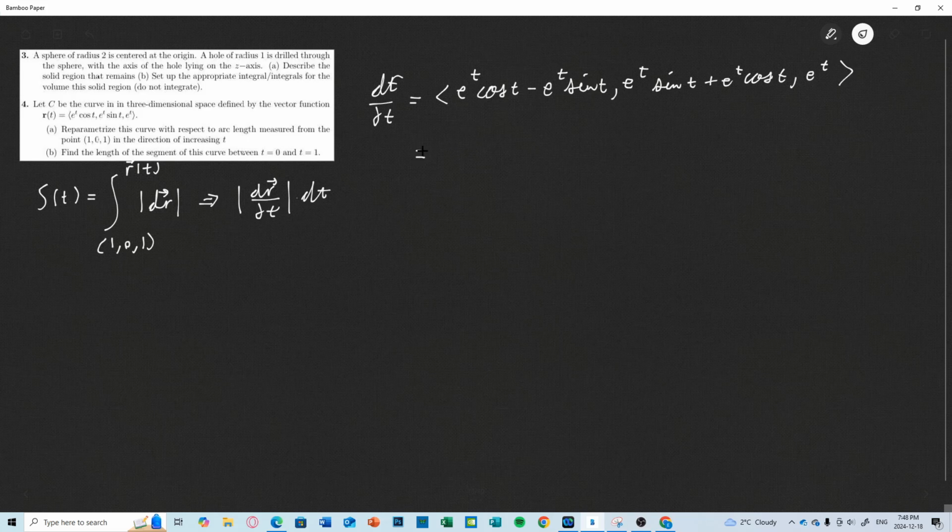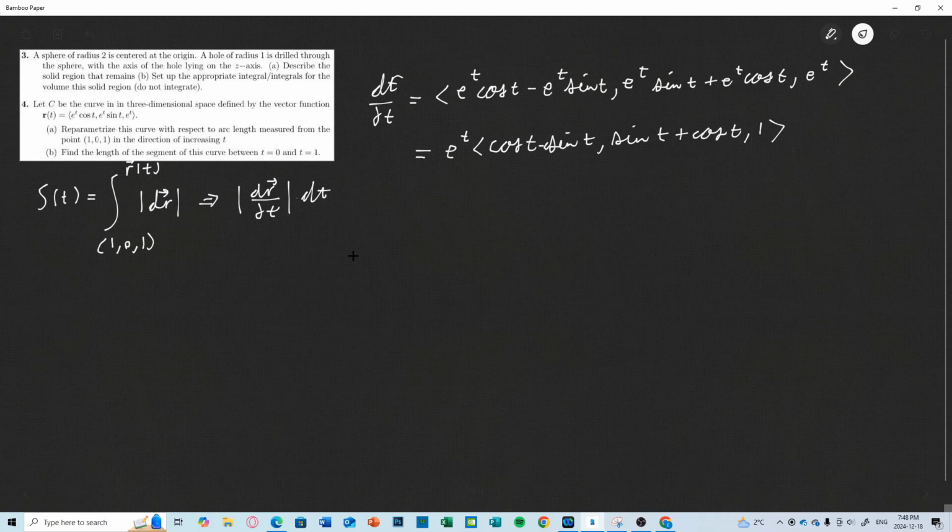And then since e to the t is in every single term, we can factor it out to make it e to the t, which would just be cos t minus sine t plus cos t, and then 1.